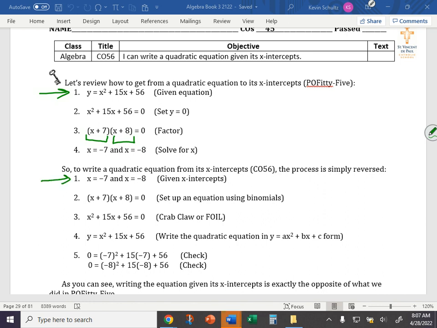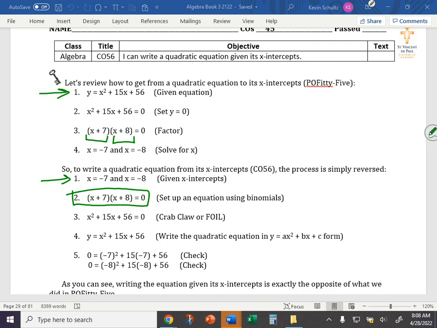If I tell you the x-intercepts are negative 7 and negative 8, you are then going to give me the two binomials that those x-intercepts would have come from. Right? If one x-intercept is negative 7, that means that it came from the binomial x plus 7, just like it did up here. If I tell you an x-intercept is negative 8, it means it came from the binomial x plus 8, like it did up there. Okay?